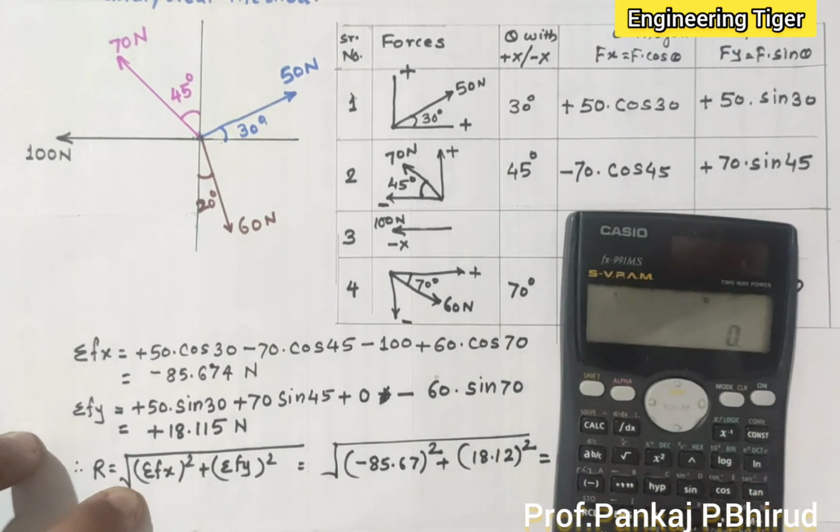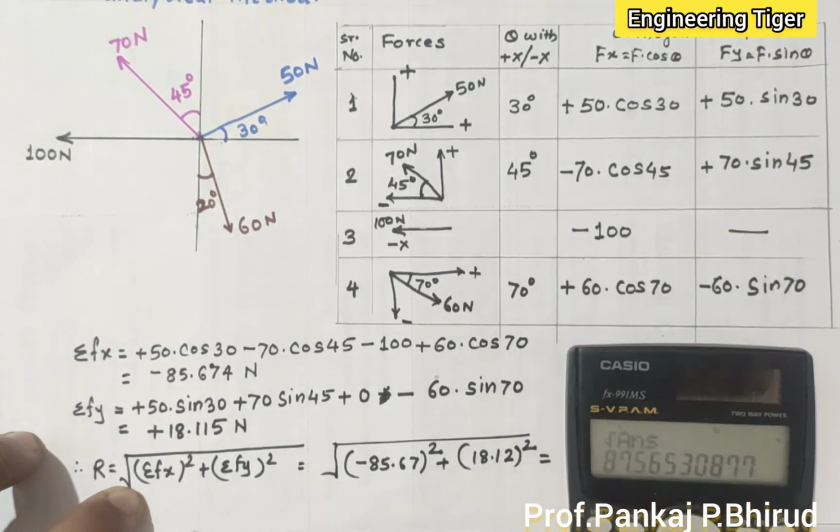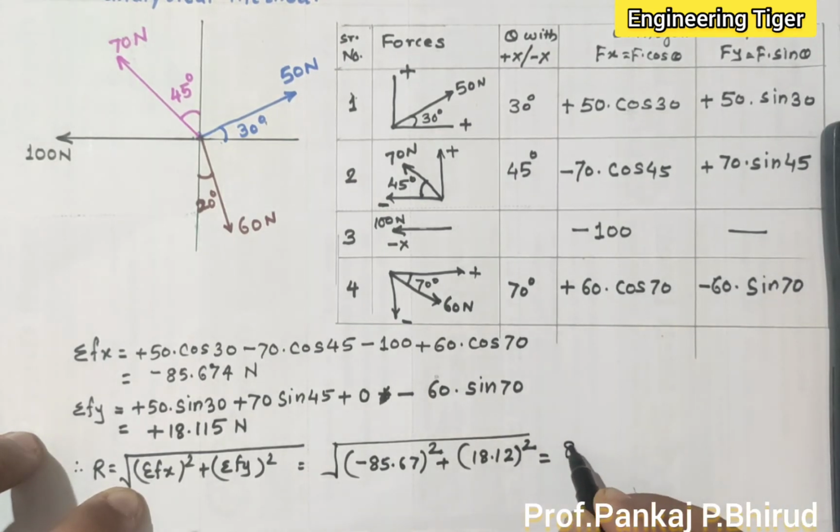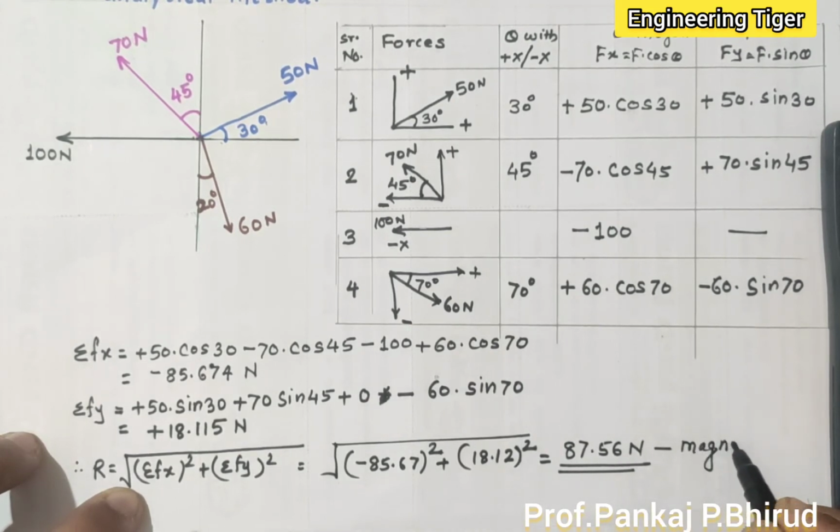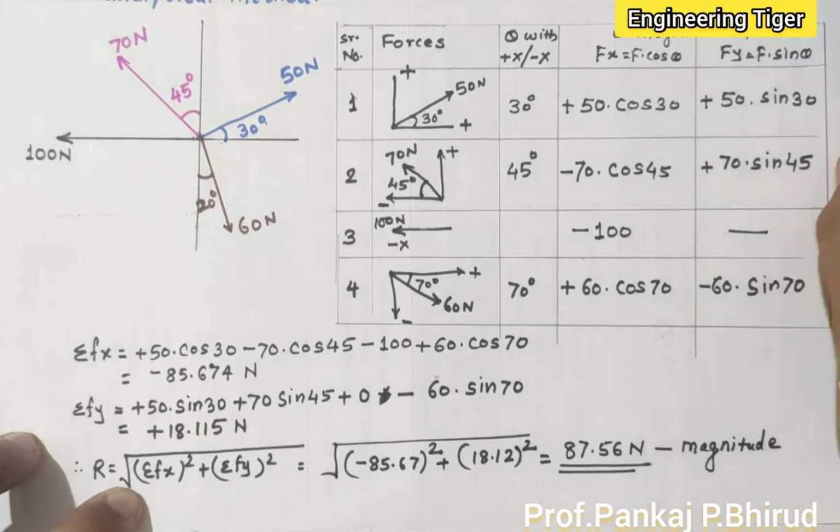Let us solve this, and its root is 87.56 Newton. So this is the magnitude of the resultant.